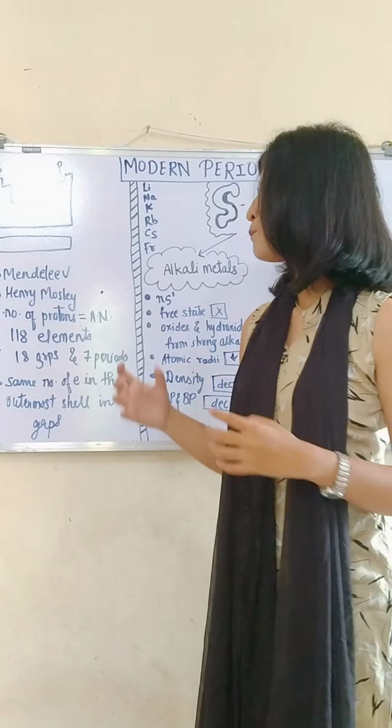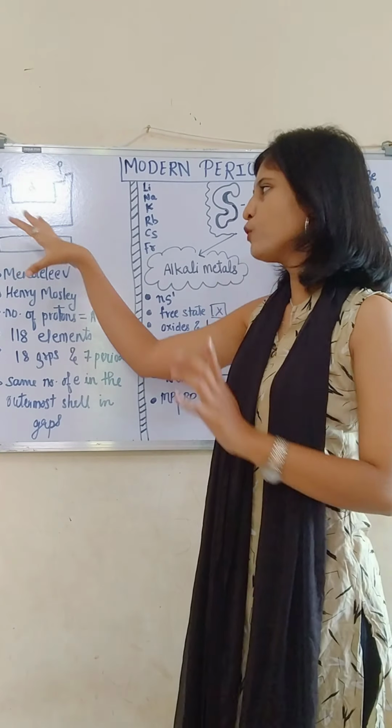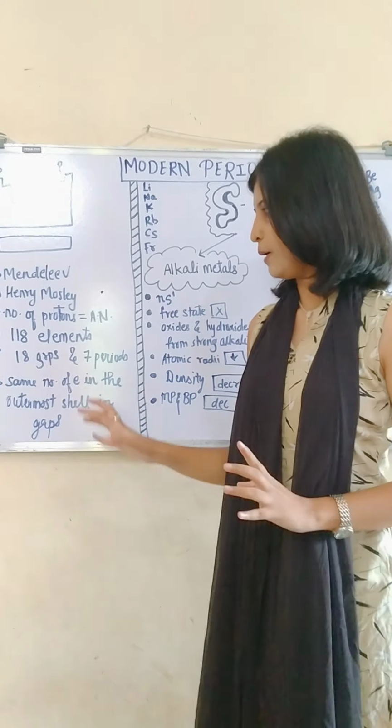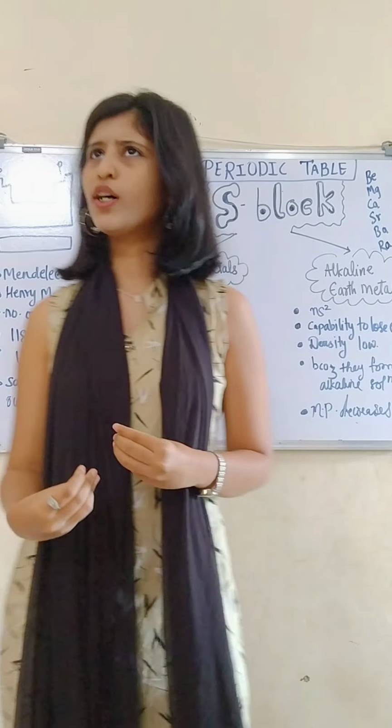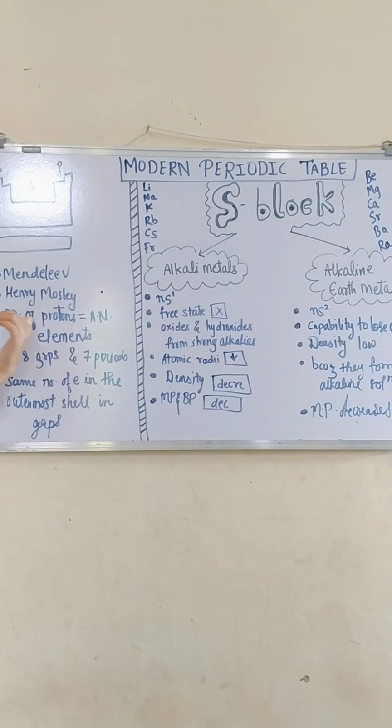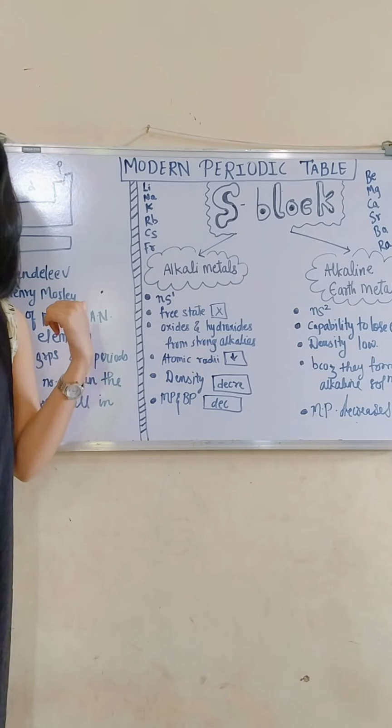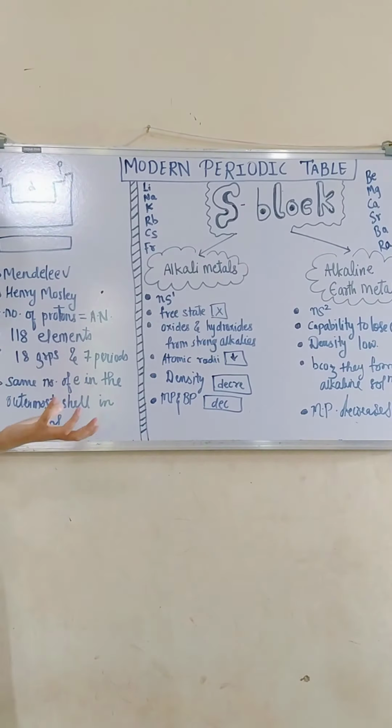Basically, Henry Moseley put forth this modern periodic table, and he discovered that the number of protons in an atom is equal to the atomic number of that particular element.